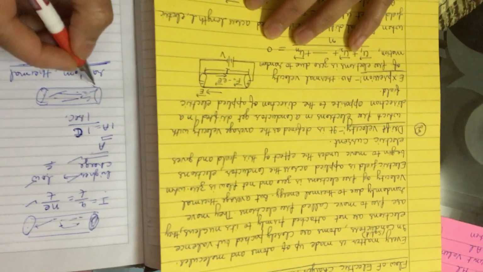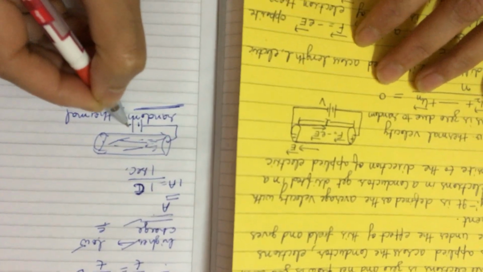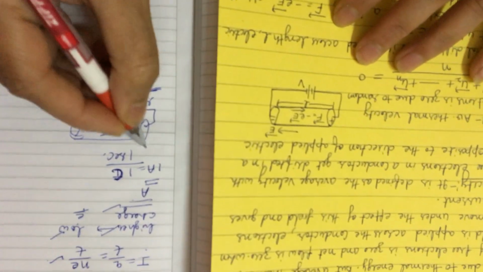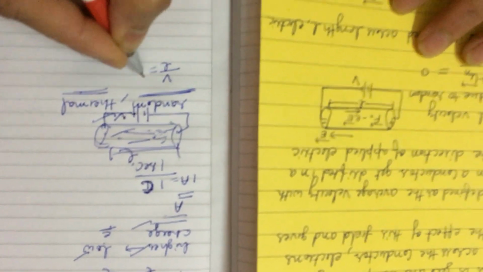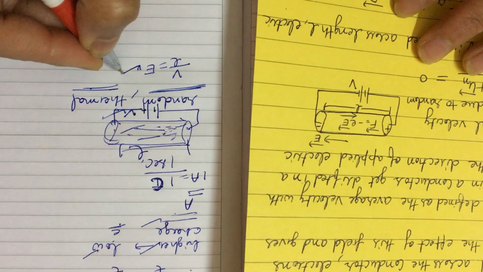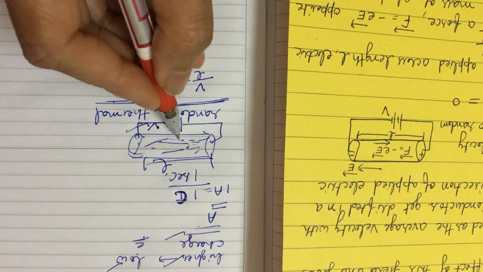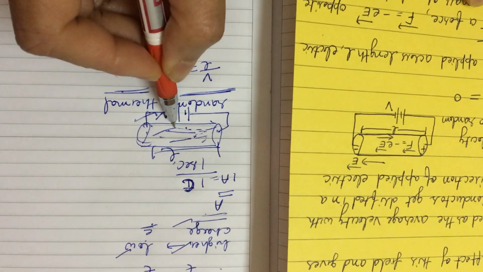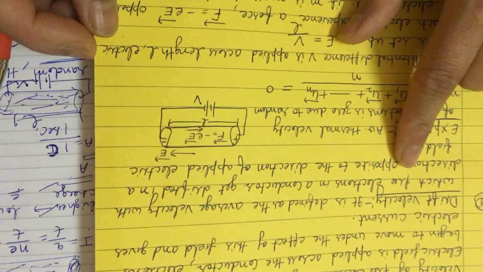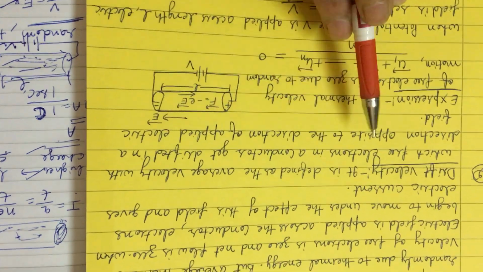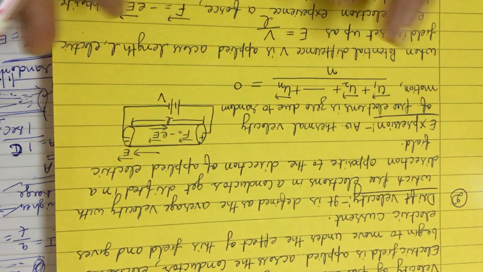But when this conductor is attached to a battery, voltage V across length L, this voltage upon length gives the electric field, and this electric field gives another velocity to move the electrons in a particular direction to constitute the current. That additional velocity is called the drift velocity, defined as the average velocity by which free electrons get drifted.